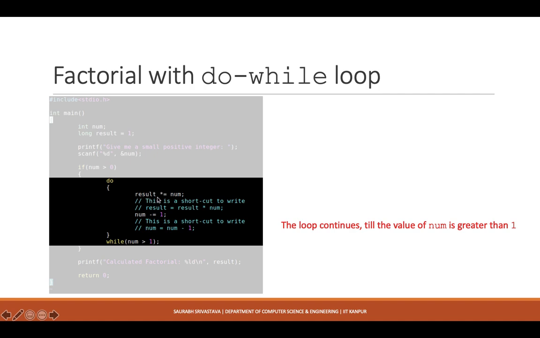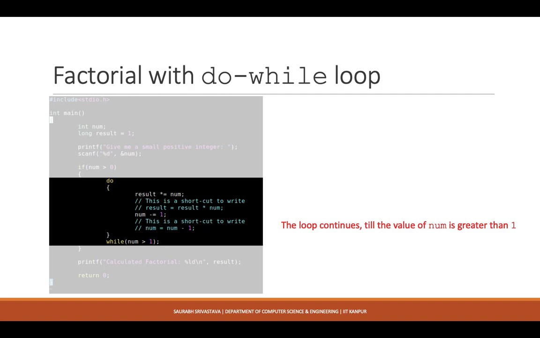This is a shorthand for multiplication; it essentially means result equals result into num. The result's initial value was 1, and I'm multiplying it by 6. After these two statements are executed, result becomes 6 and num becomes 5. This is a shorthand for saying reduce num by 1.